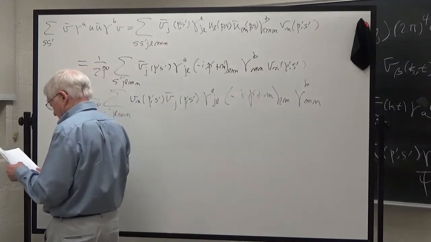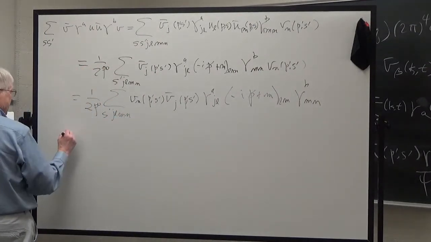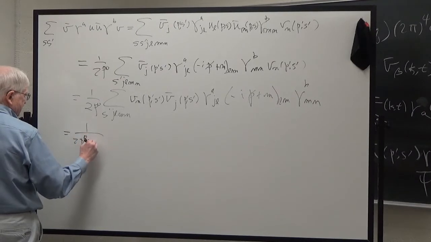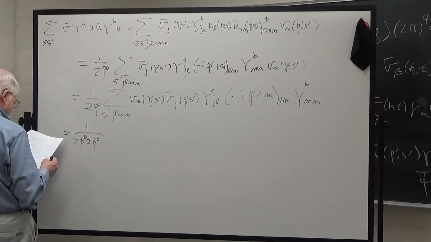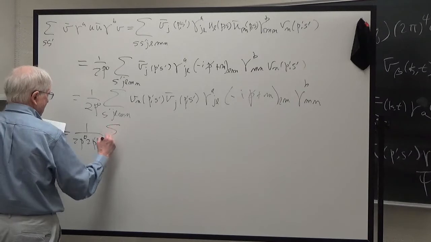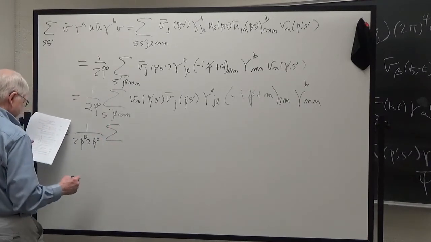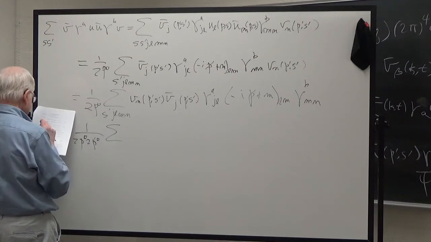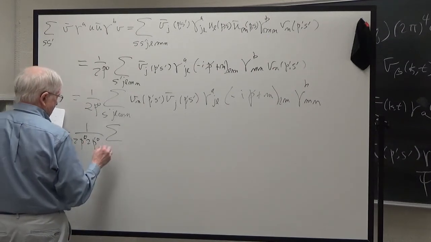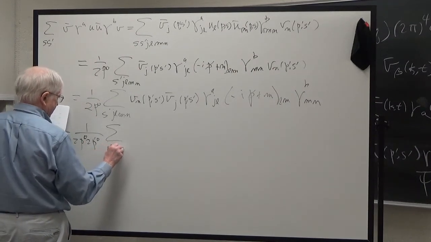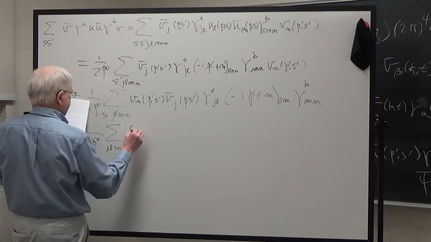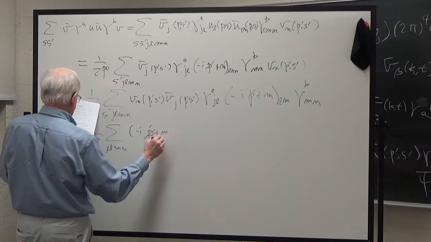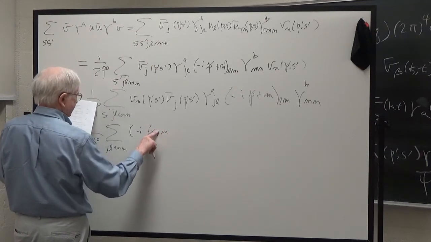This then becomes another spin sum, and so this is 1 over 2p0, 2p prime 0, sum, and there's no s here, so there's a typo there, over J, L, M, N, and this is then minus i p prime-slash plus m, no, minus m.